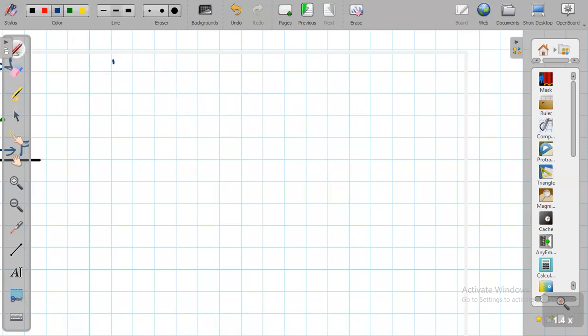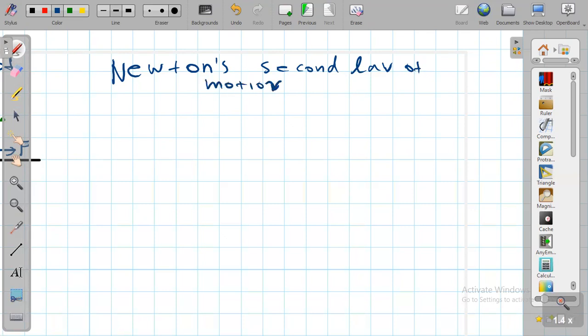Now write Newton's second law of motion. Good. So what is the definition of Newton's second law of motion?